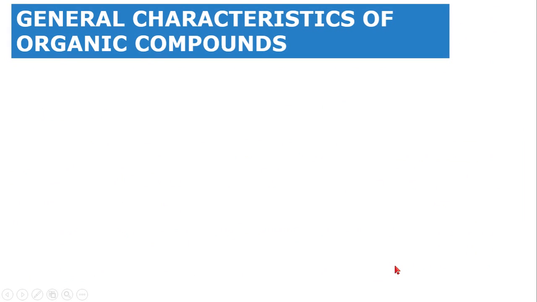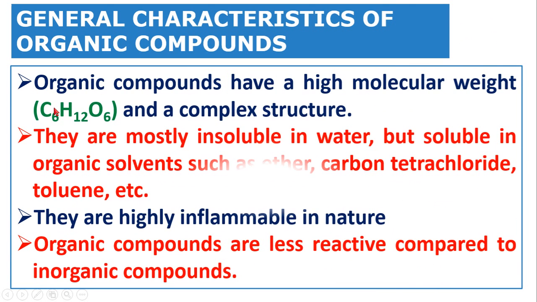General characteristics of organic compounds. Organic compounds have a high molecular weight. For example, glucose, C6H12O6. The molecular weight is 180, and it also forms a complex structure.